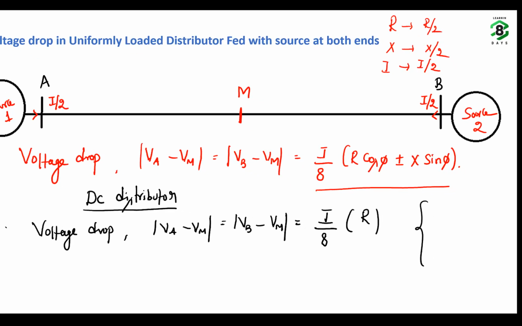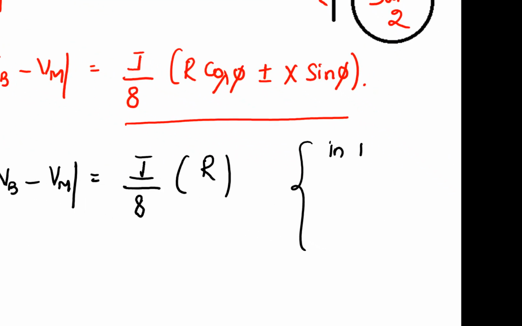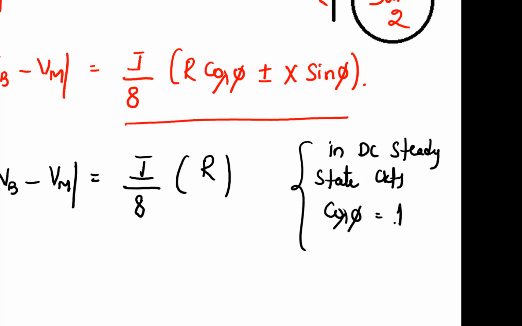Why? Because in DC steady state circuits, the power factor cos phi is unity and the inductance is short circuited. So the inductance value is 0 and the reactance value is also 0.